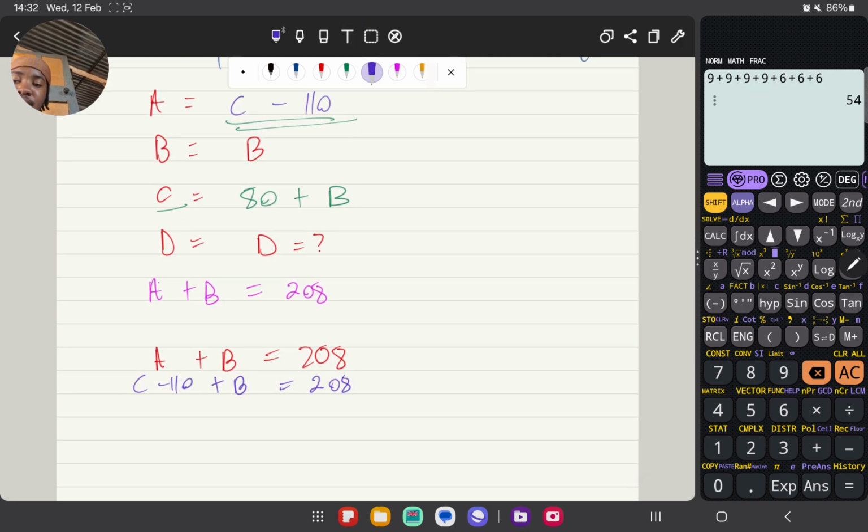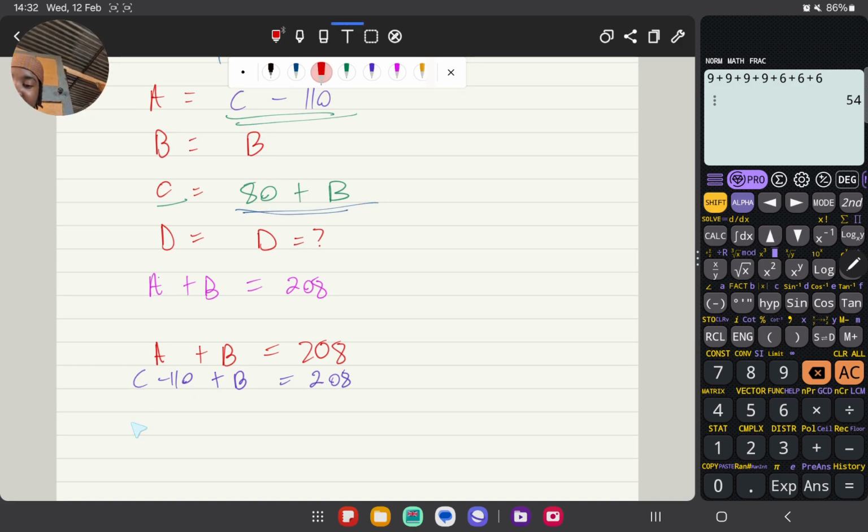Then I can do one last thing, substituting C, because C is 80 plus B. So where I see C, I can say 80 plus B. It's 80 plus B minus 110 plus B equals 208.